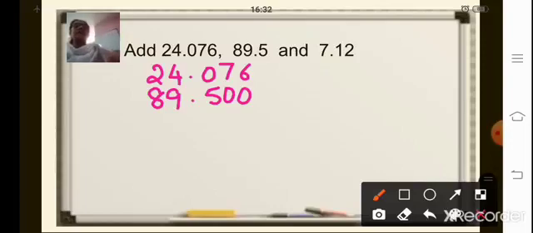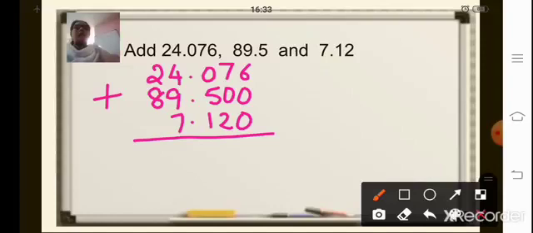The next number is 7.12. So 7, decimal point, 1 is in the 10th place, 2 is in the 100th place, and to make it into like decimals, add a 0. Now we will add all the 3 decimal numbers. So this will be 6, 9, 5 plus 1 is 6.